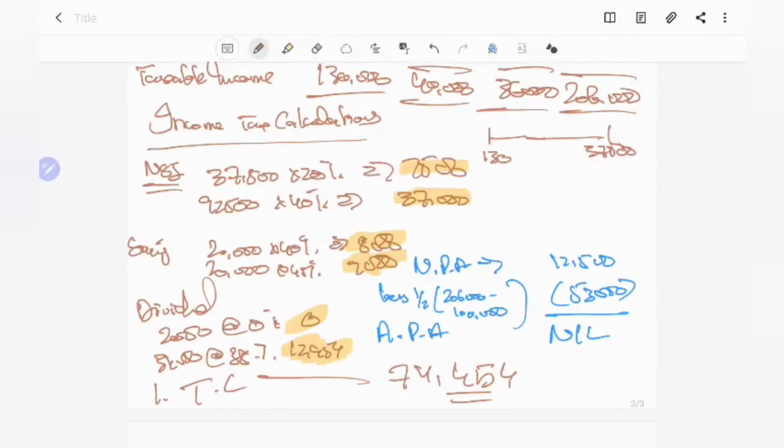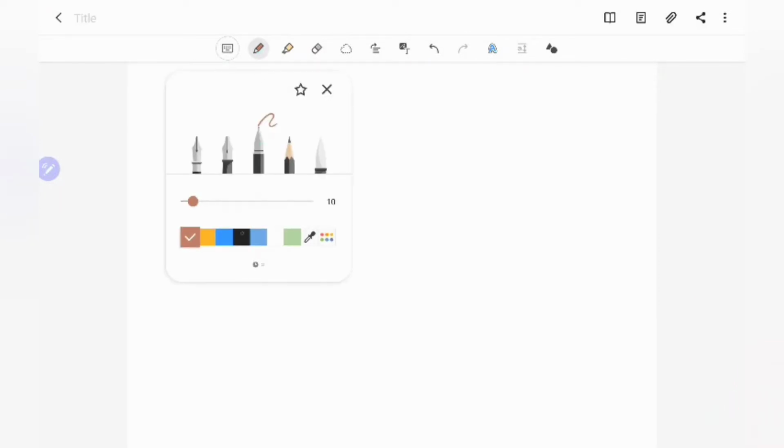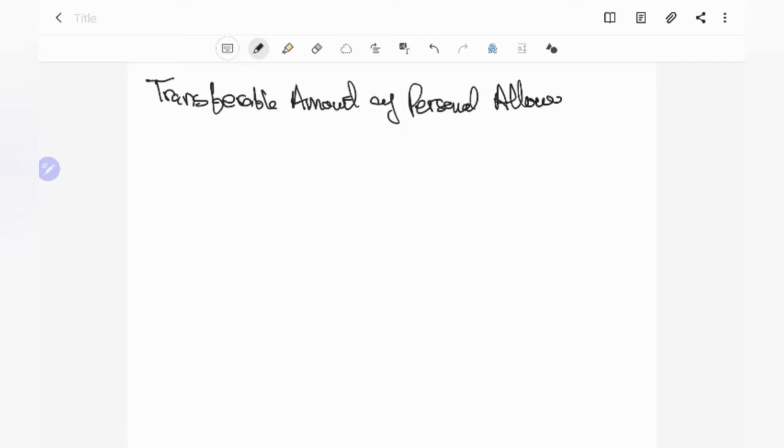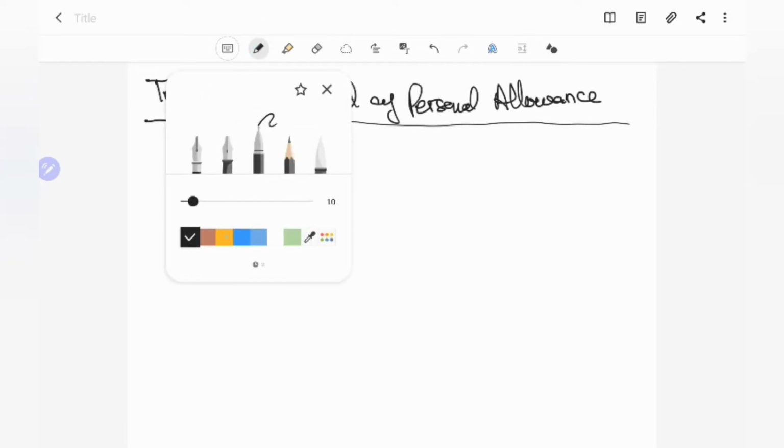Right now, moving to the next area, which is the transferable amount of personal allowance, and what's that? Very easy peasy.